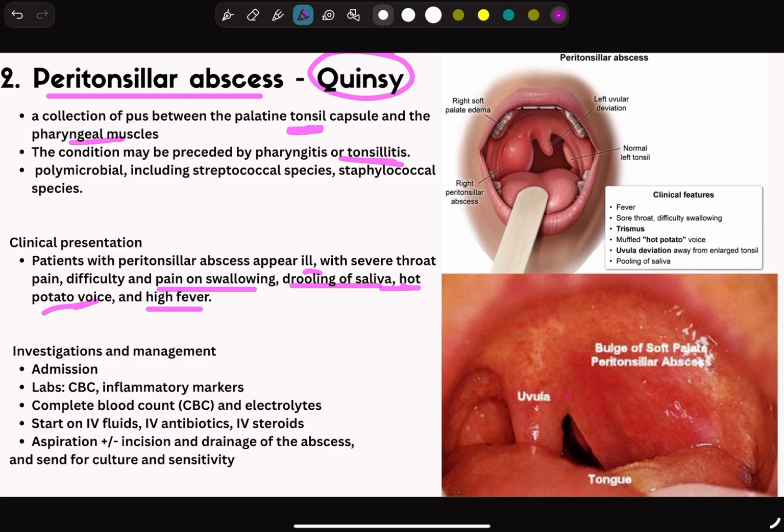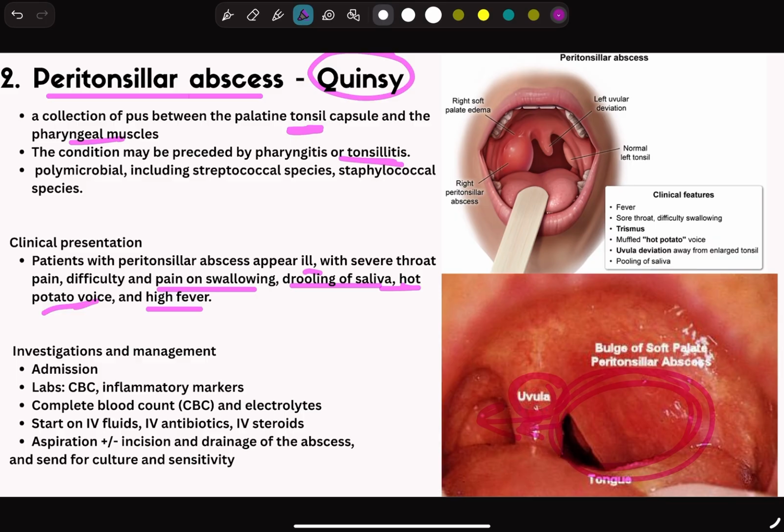When you examine these patients, what you will see here, this is the uvula. You can see it is pushed to the side. It's not in the center. And here is the bulging of the tonsil. It's bulging and it's pushing the uvula to the other side, indicating there is some collection there. It's very classic. You can tell there's an abscess there.